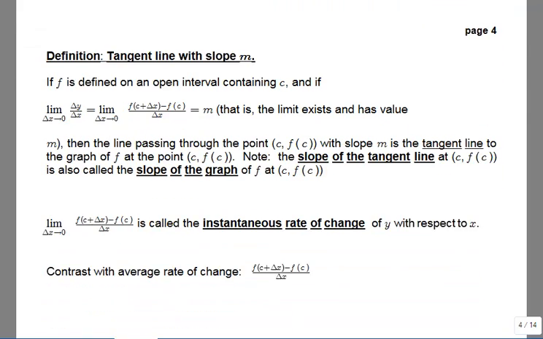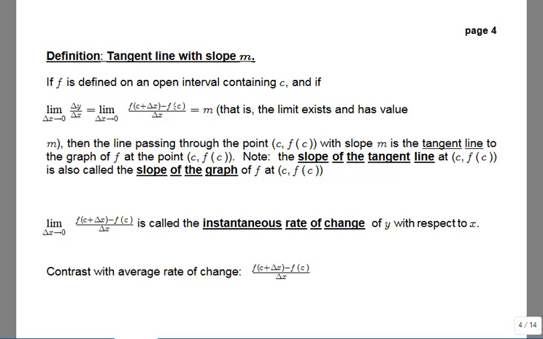Formalize this into a definition. So the definition of a tangent line with slope m. If f is defined on an open interval containing c, and if the limit as delta x goes to 0 of these delta y's over delta x's, or in other words, the change in the y's over the change in the x's, goes to m.